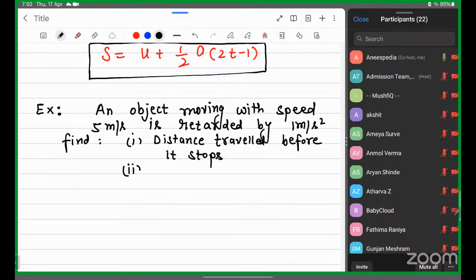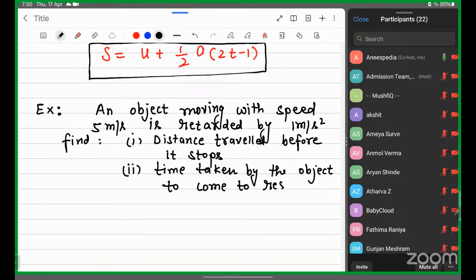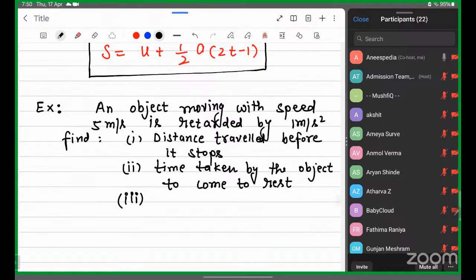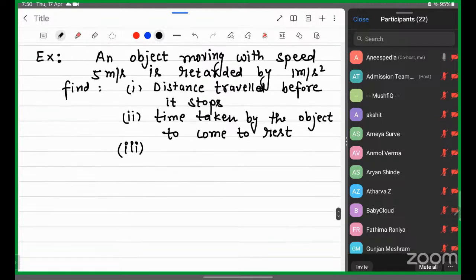Second, the time taken by the object to come to rest. Third, will be nothing. All the parameters can be calculated.